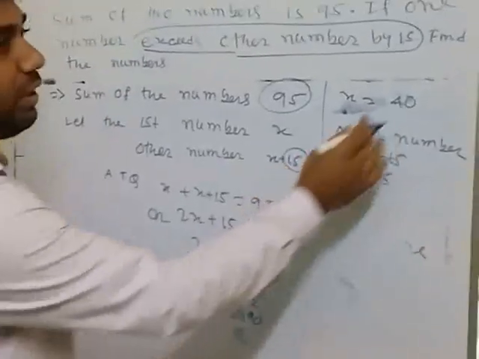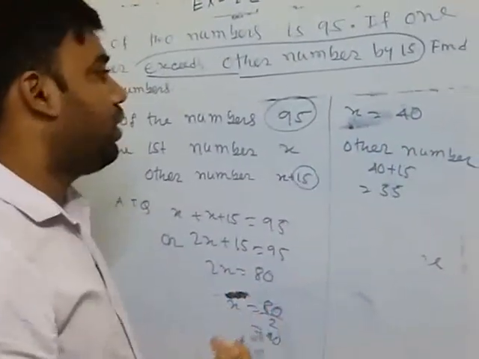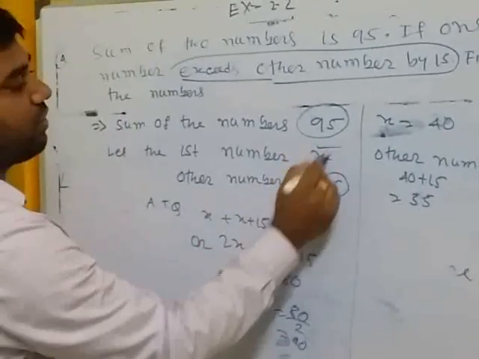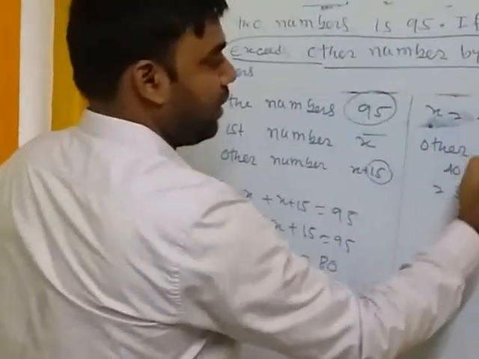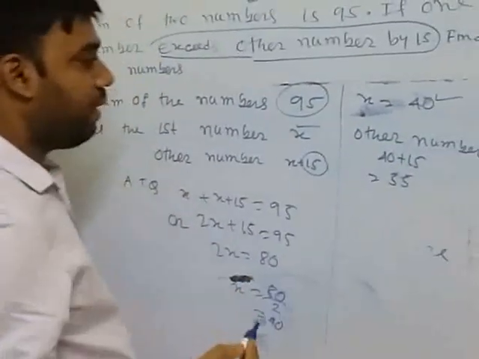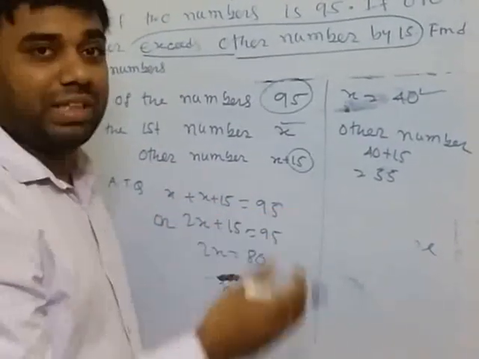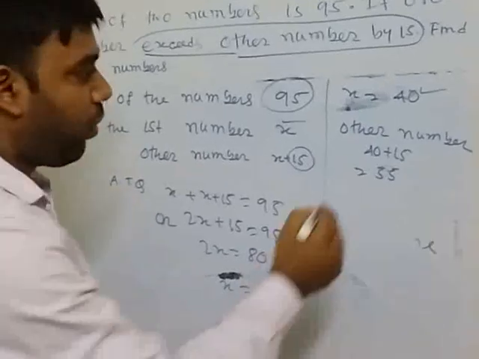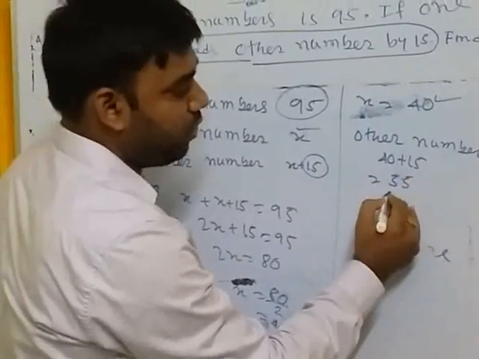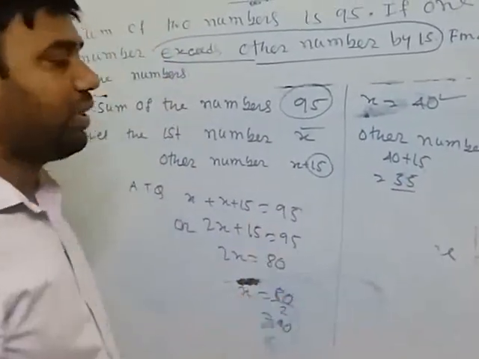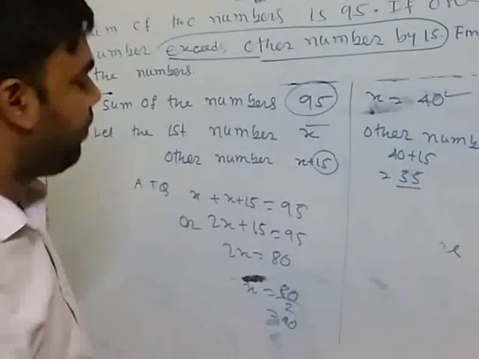So x equals 40. What is x? X means the first number. So the first number is 40, and what will be the second number? The second number is 15 more than the first number. So 40 plus 15 equals 55. The two numbers are 40 and 55.